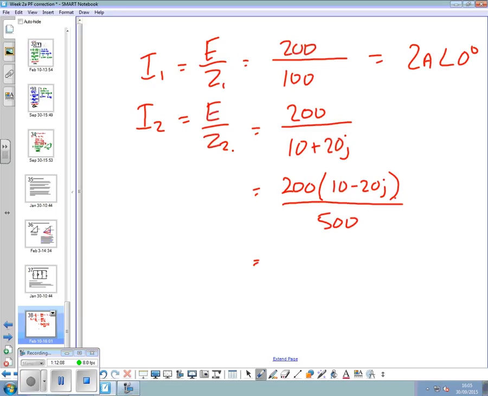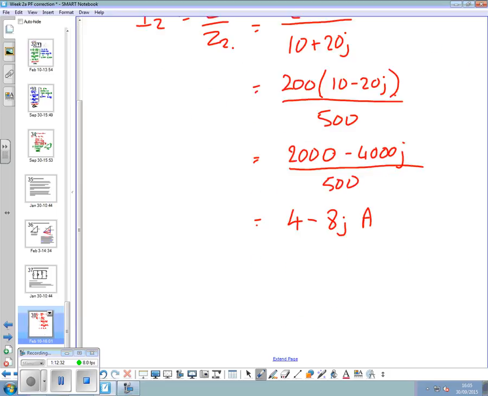Which then multiplies out to 2000 minus 4000J over 500, and eventually comes out at 4 minus 8J amps. That suggests that's lagging, civil, that's inductive, and we've got a lagging current. Yep.